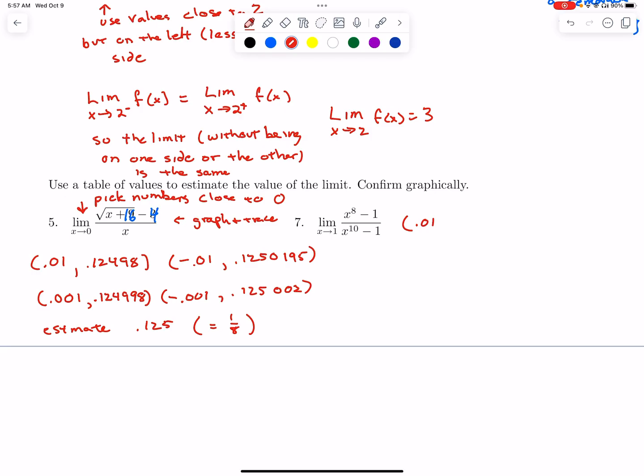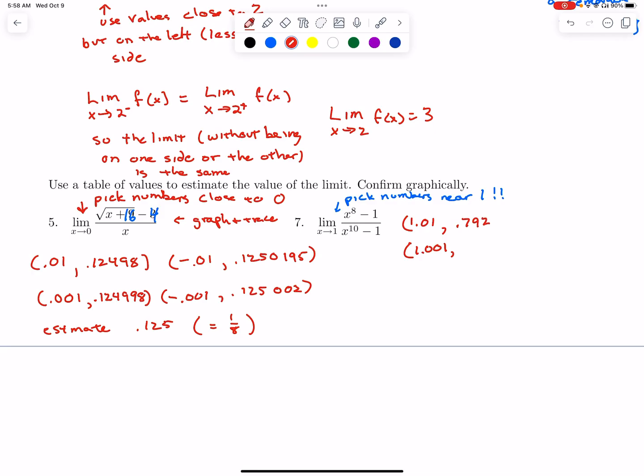I also did, let's see, can't do 0.01. This time I need to get 1.01, I think. And then the good question, what's closer on the other side? Not negative 1.001, that's way far away.